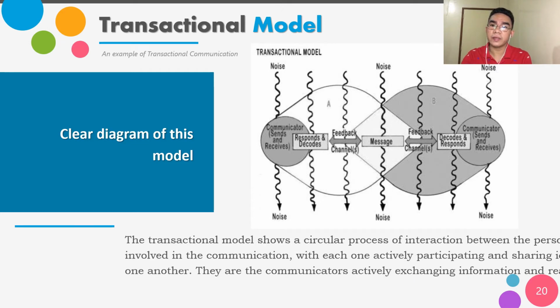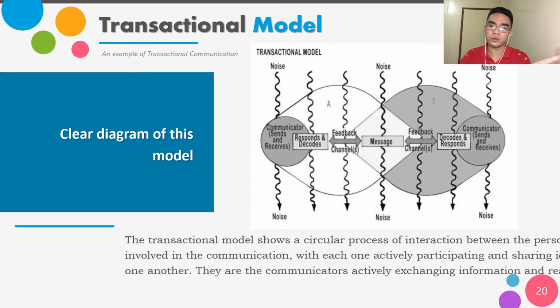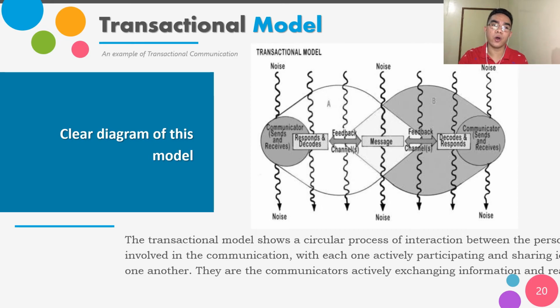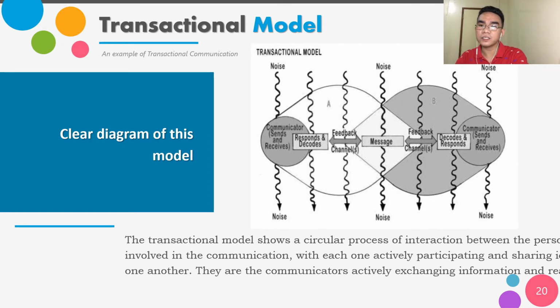responds and decodes the message because the sender encodes the message. At the same time, the sender decodes the message. Okay, so it's going through a channel and at the same time a feedback, because the feedback goes through a channel or the way the message has been sent. And then right after that, the next symbol there is the message.